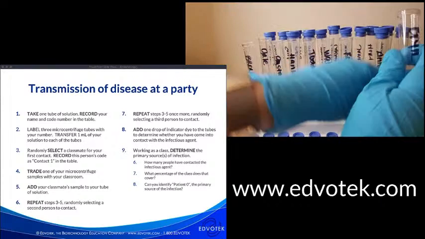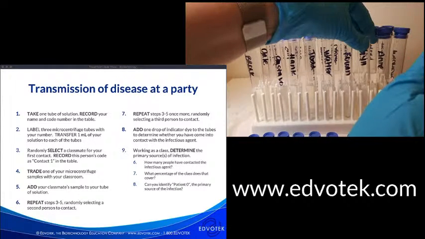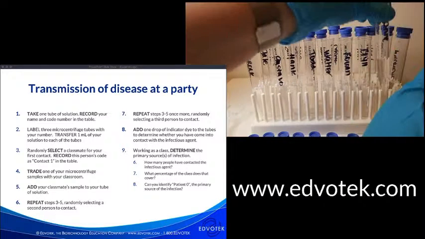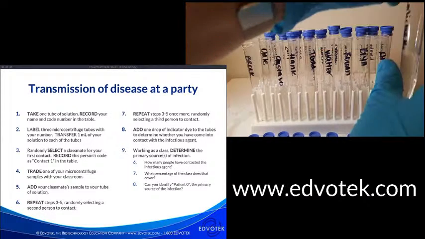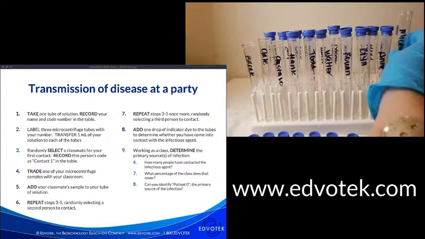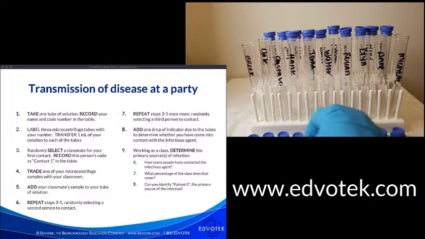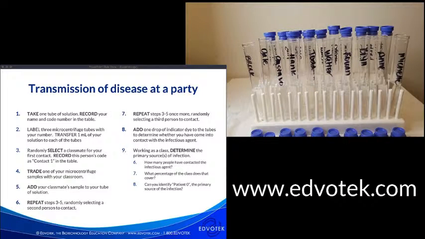In this case, it's a base and an acid, and we're using an acid-base indicator that's included with the kit, S68. This will allow us to see a color change reaction, which will suggest that our students came in contact with someone who was infected.